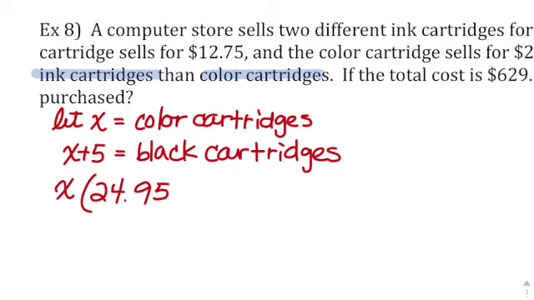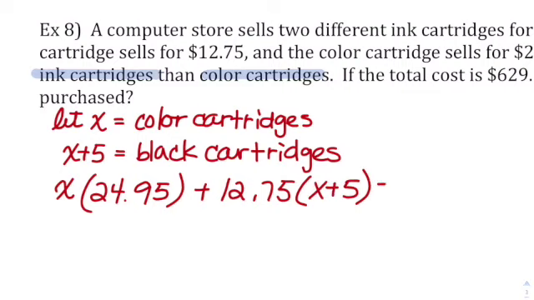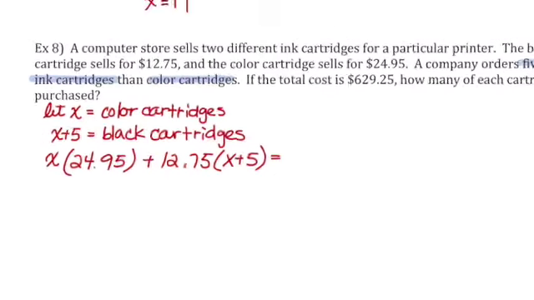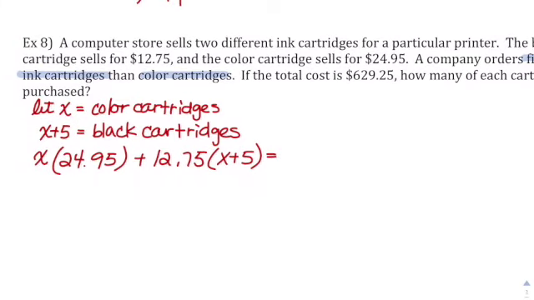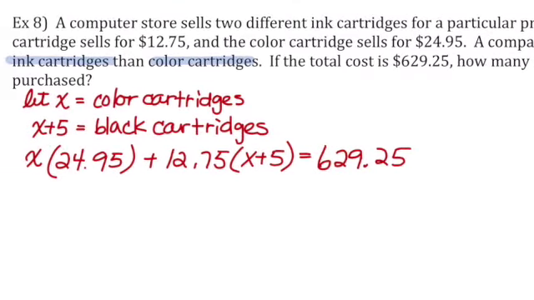Then the next one is the black: $12.75 times X plus 5. And that will give you the total value of $629.25, because that's how much all the cartridges together cost.